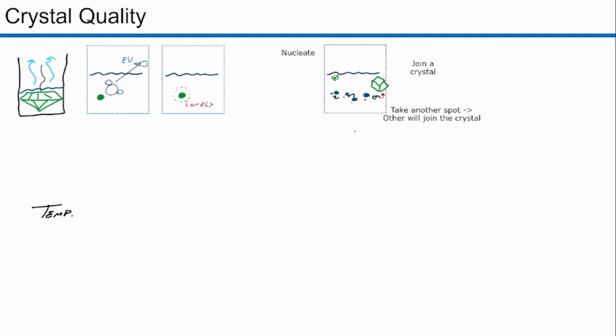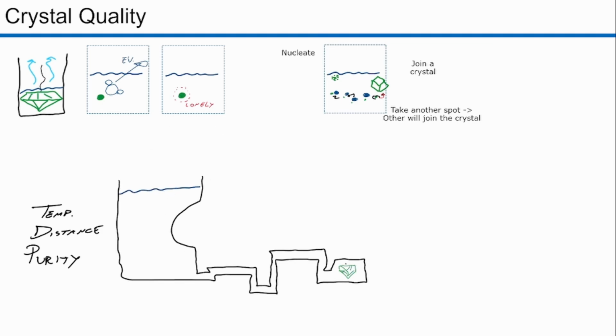So variables that control this: temperature, of course. Temperature not only because of the things I've already shown you, but also because temperature changes chemical reaction speed. Also the distance. Imagine that your molecule, your atom, is too far from the crystal. You probably won't have enough energy to make it all the way to that crystal.